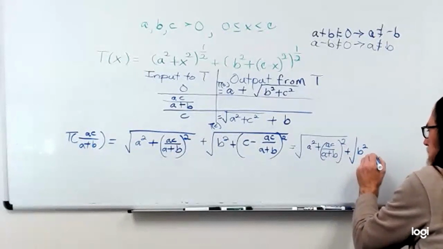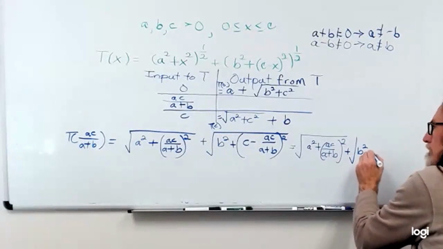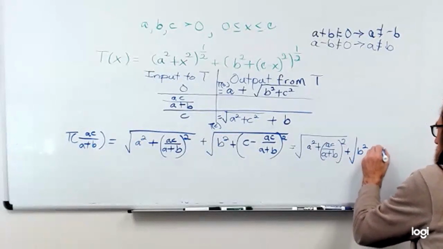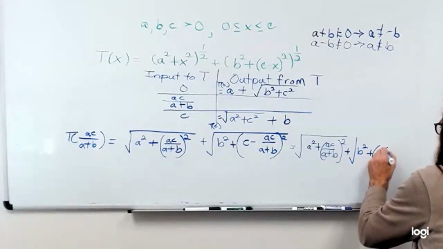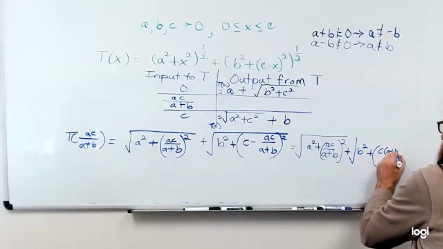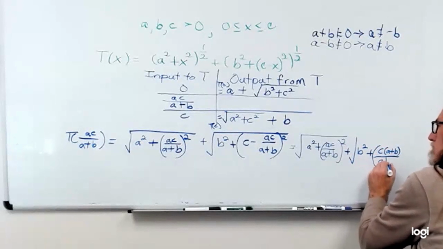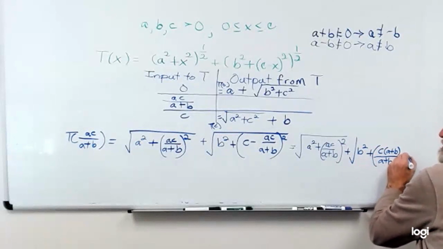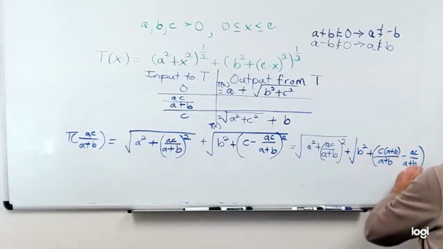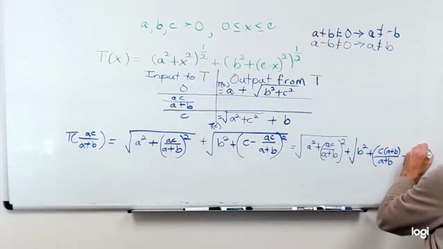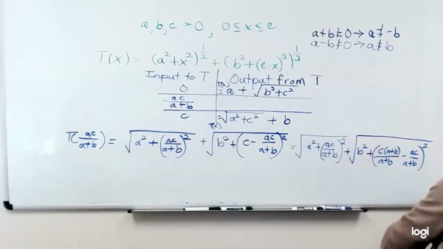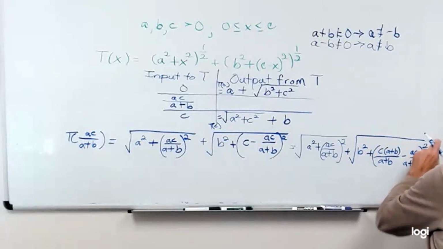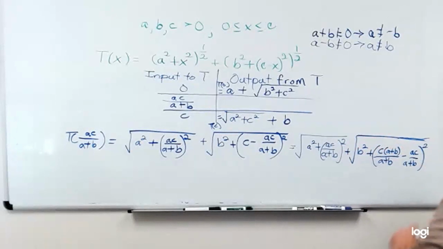A plus b multiplied to top and bottom. Distribute the c to the a plus b.